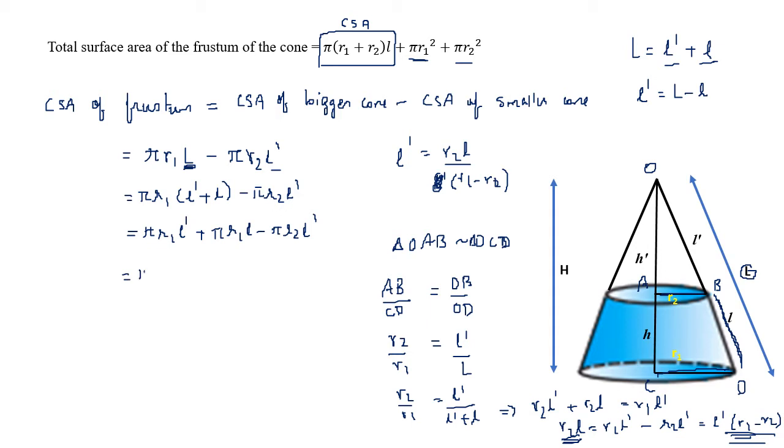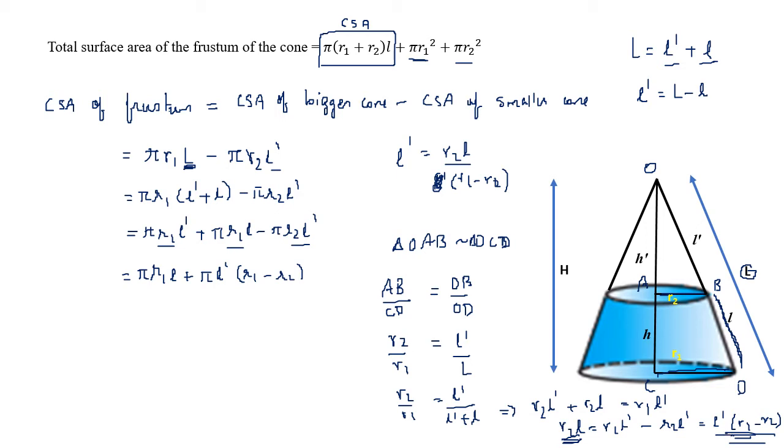So we take this pi R1 L, and this we keep as it is, plus pi L prime I take outside the bracket. Inside I get R1 minus R2.